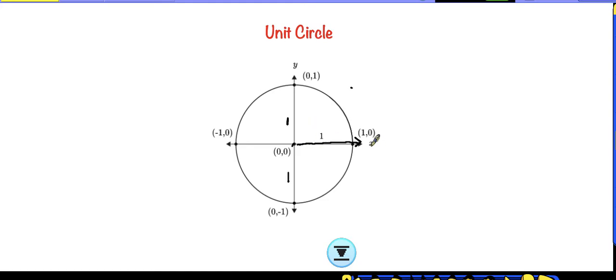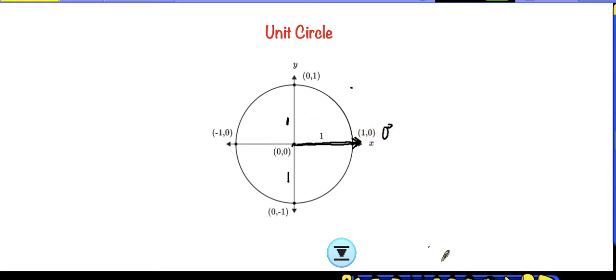Let's check: for 1, 0, this is actually the angle of 0 degrees. Why do we say that? Because 0 degrees, we didn't draw that, but this angle intersects the circle at this point. So 0 degrees has coordinate 1, 0.